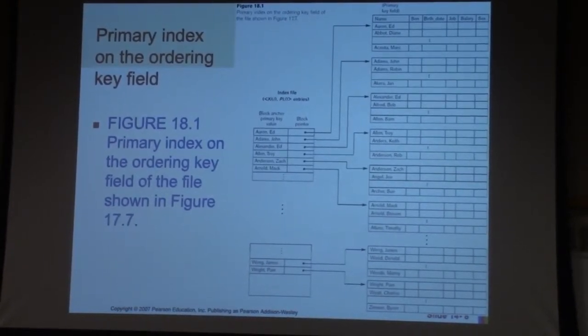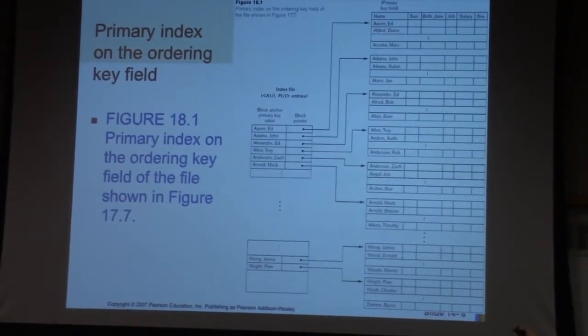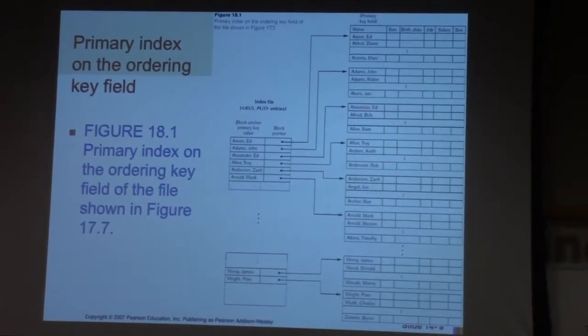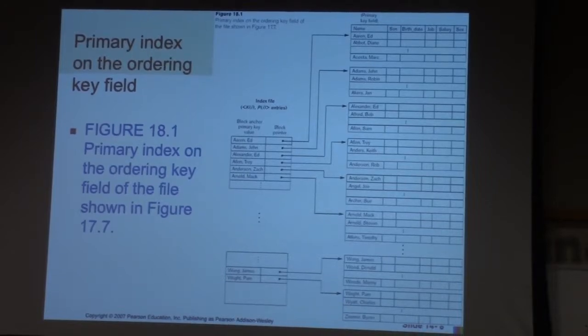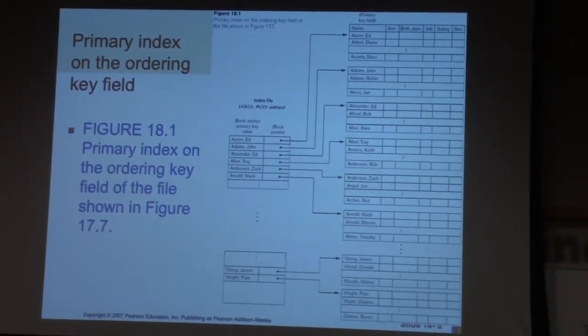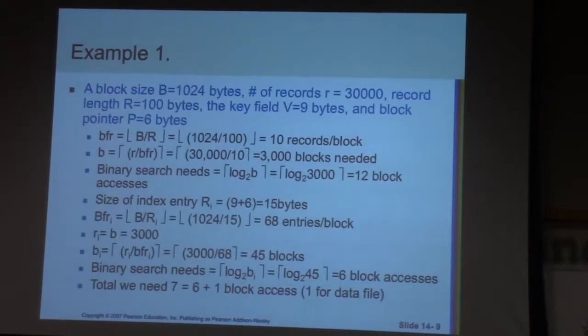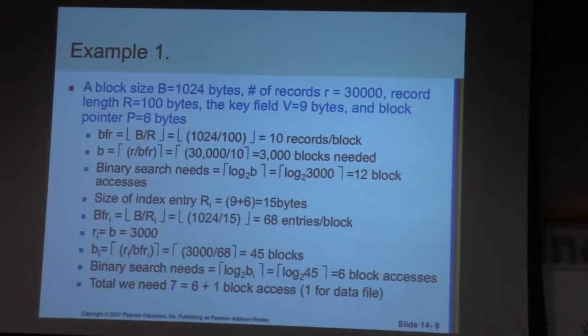It's sparse because we need only one per block. So Arnold Add, John Add, Adam Add, Alexander Add, one per block. So it's a sparse index. It's still a single level. We have one level of index. We will see how much faster this is later.